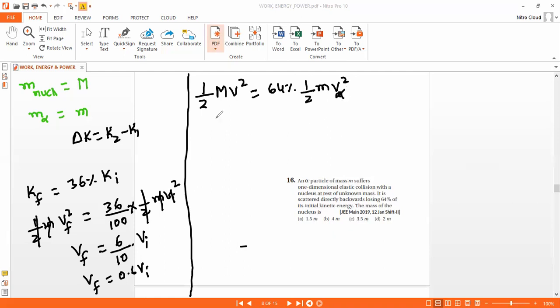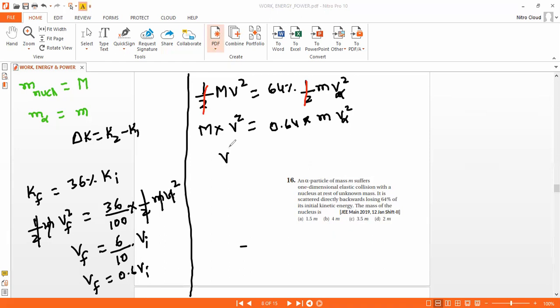So half M V square equals 0.64 times half m V alpha square.